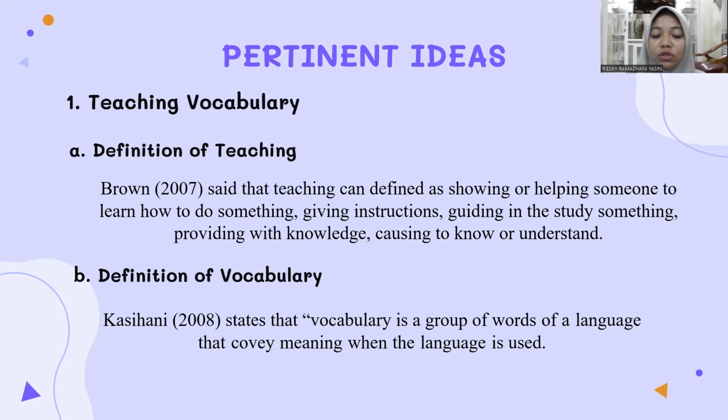The list of words can be used to express ideas and feelings in communication. In conclusion, vocabulary is a group of words in a language. People use vocabulary, which is arranged into sentences, to express their opinions, thoughts, and ideas in their communication.